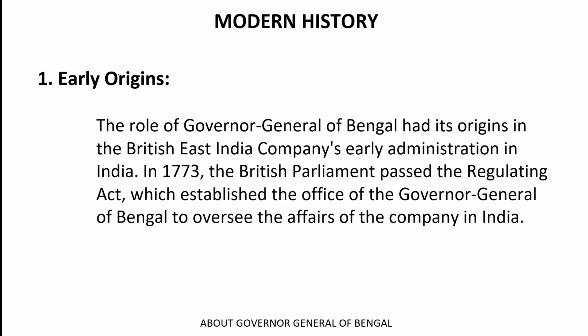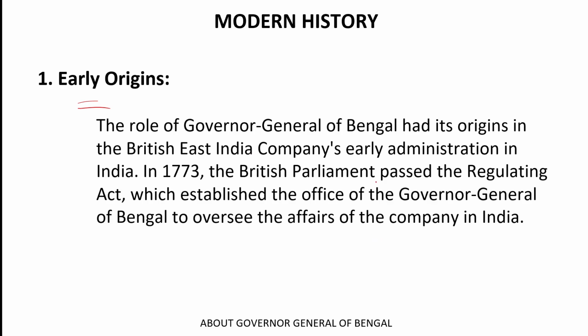The early origins: the role of Governor General of Bengal had its origin in the British East India Company's earliest administration in India. In 1773, the British Parliament passed the Regulating Act, which established the office of Governor General of Bengal.